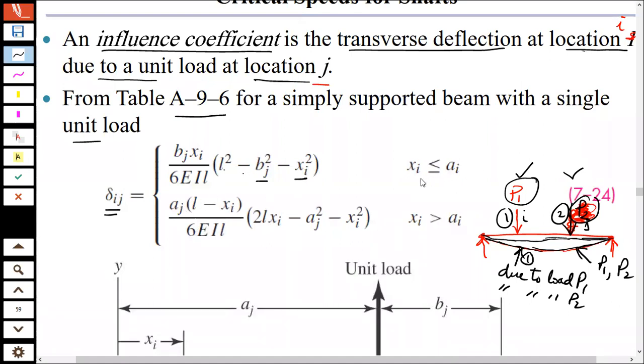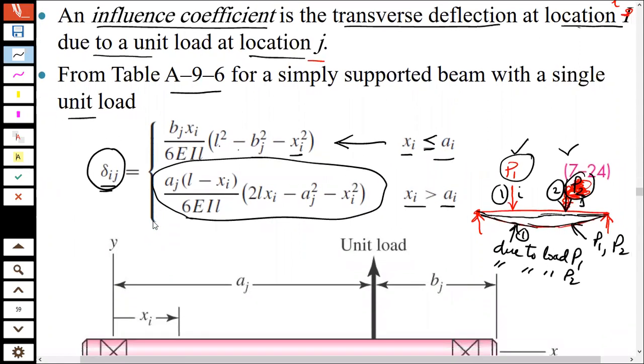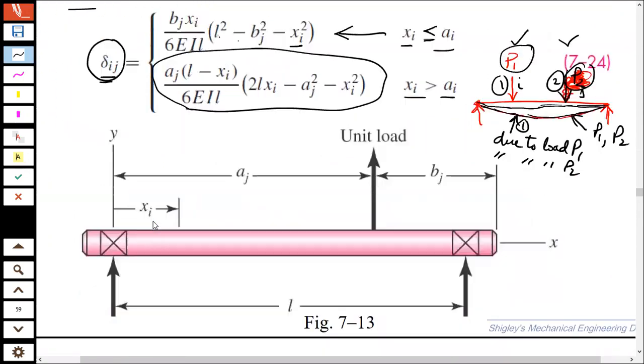That is for when xi is less than or equal to ai, then you will use this formula to calculate your influence coefficient. Or if xi is greater than ai, then you will use this formula to calculate your delta ij. Okay?